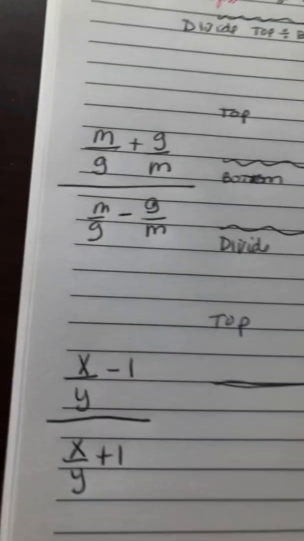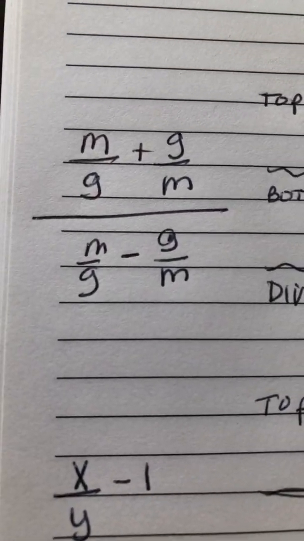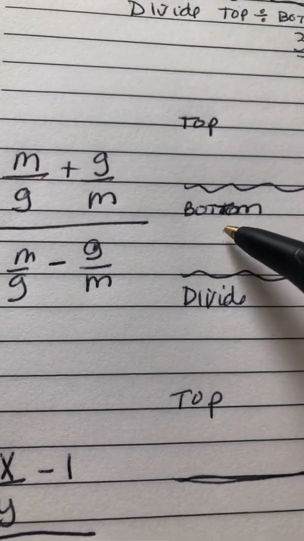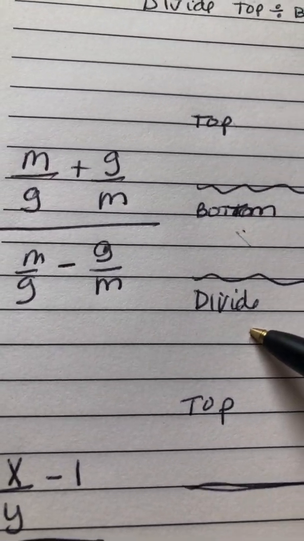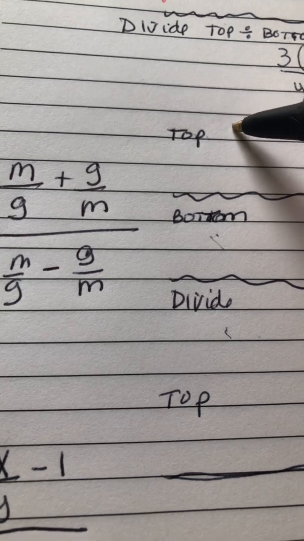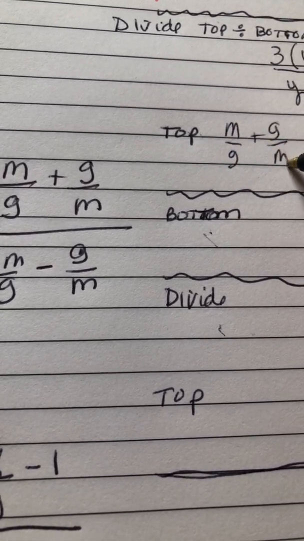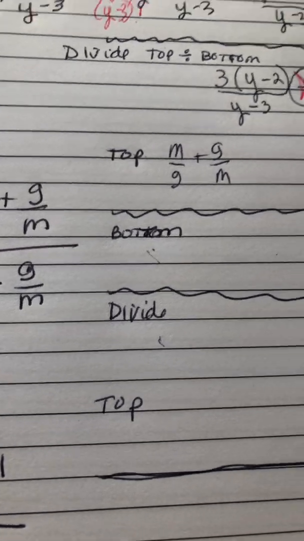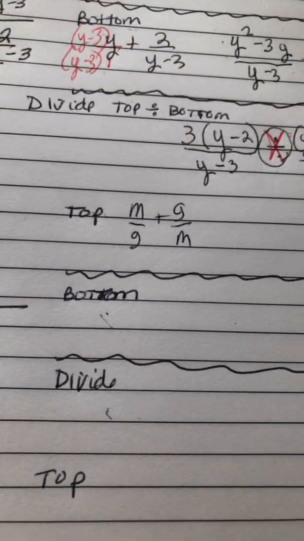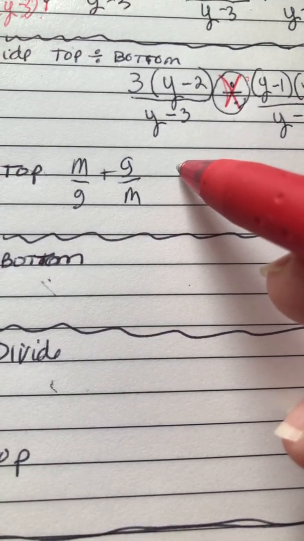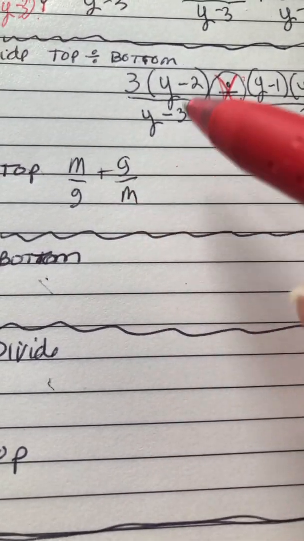Now we can go to the next question. Here again, we want to take it with the top, bottom, and divide approach. So the top one is m over g plus g over m. And we want to get the least common denominator, and in this case it's gm or mg, it doesn't matter which way you call it.